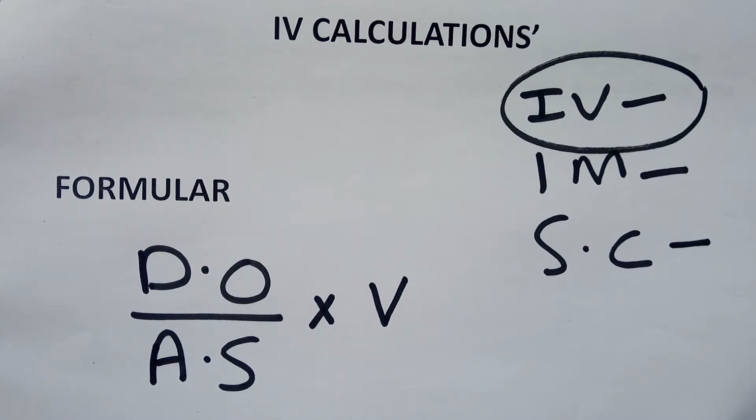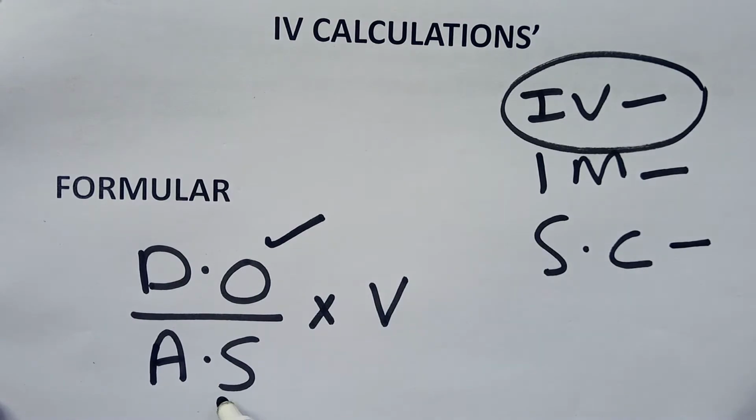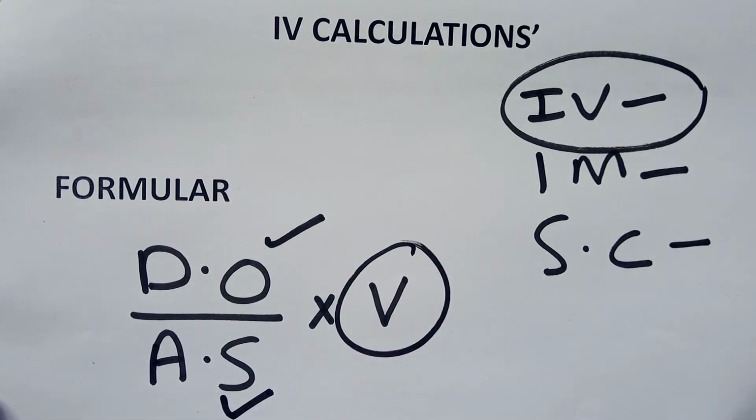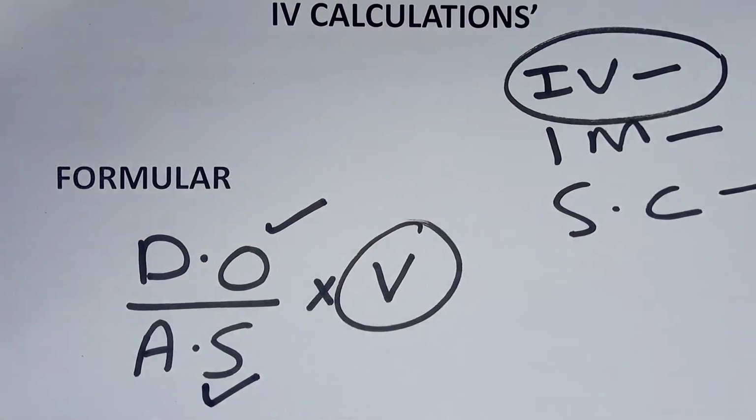It's a very simple formula. Remember, doctor's order divided by the available stock or strength times volume. Then you can withdraw the amount of drug you want to give. Let's look at a few examples to cement our understanding.